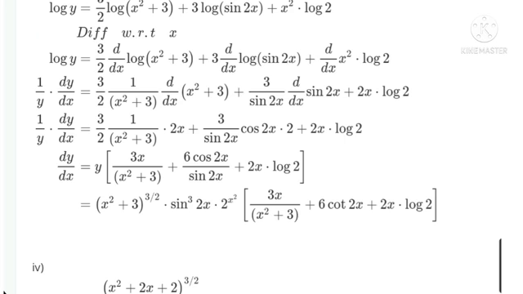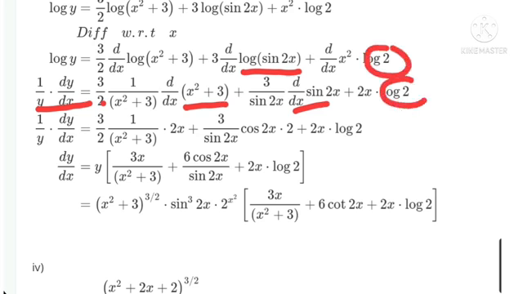Okay, so what is the derivative of log y? Derivative of log y is 1 upon y into dy by dx. 3 upon 2 constant term as it is. What is the derivative of log x? 1 upon x into derivative of again x square plus 3 as it is. What is the derivative of log sin x? 1 upon sin x into derivative of again sin x, and here log 2 is the constant term as it is. And what is the derivative of x square?